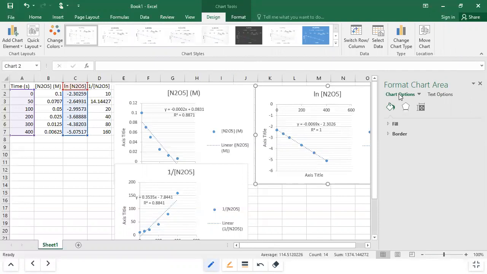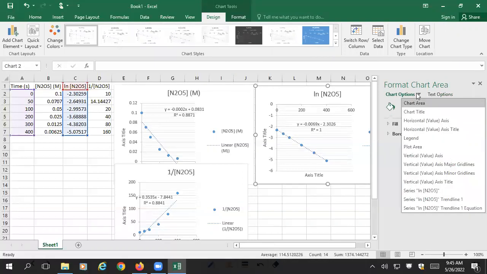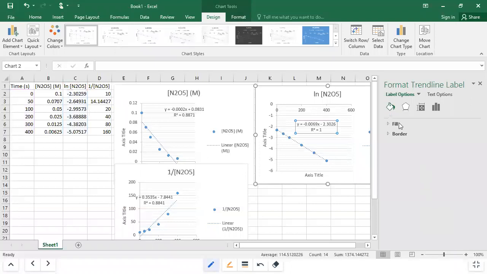So here under chart options, I believe. Yeah, format trend line label.